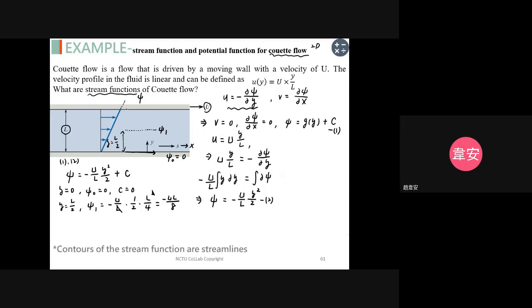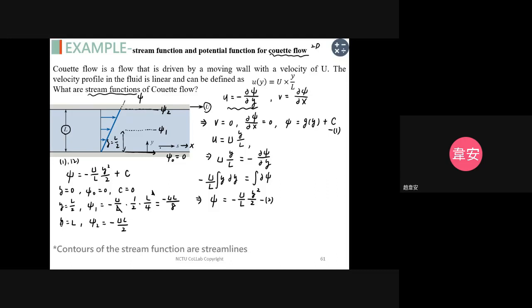And maybe we can continue to calculate the stream function on the top. We call that ψ2. In that case, the y length is L. For ψ2, we put y equal to L inside the equation here, so it is equal to minus uL divided by 2. Okay?